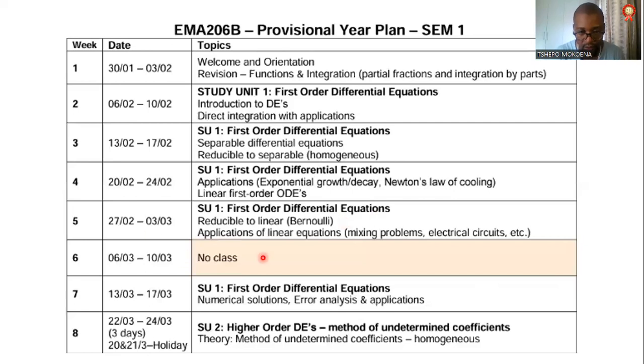And then I'm just going to pass this part, which says no class. And then about week number 7, still under unit number 1, we're going to do the numerical solutions, error analysis, and the applications of unit number 1. So unit number 1 by itself, you can see that it has a lot. It really has a lot, and we'll take it step by step, and we really don't have to panic.